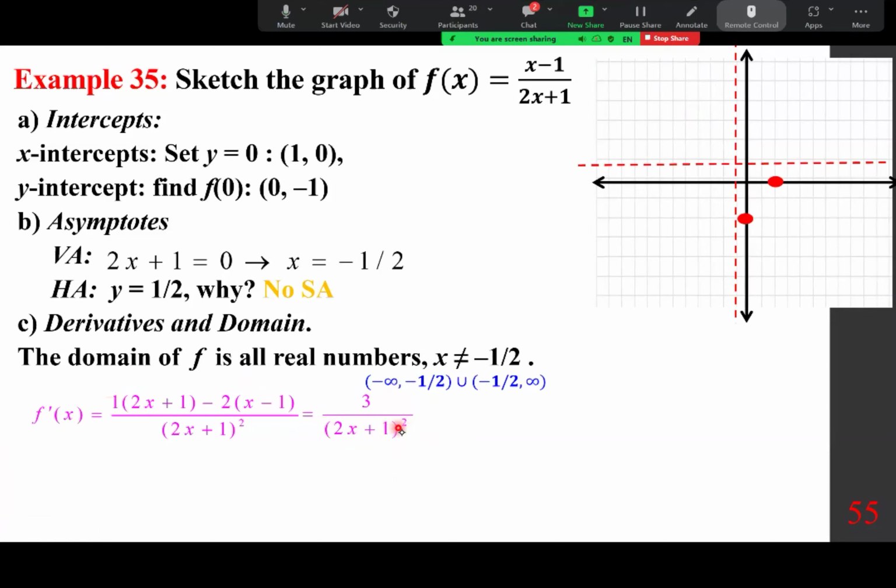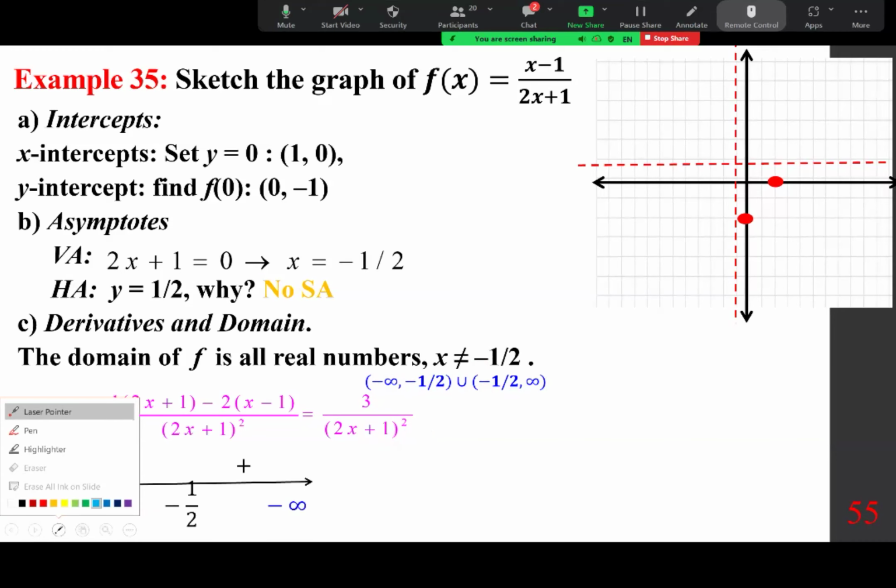Meaning it's always an increasing function. And the way we would write it is not from negative infinity to positive infinity, but rather we would write it in its domain. So it's increasing in its entire domain. But if you were to do the sign graph, you pick a number to the left of negative 1/2, for example, negative 1.